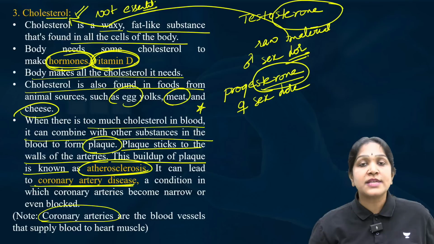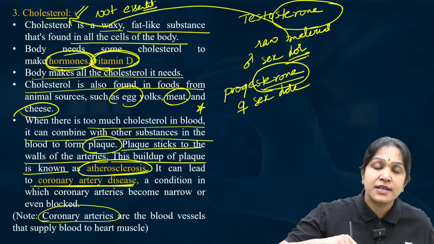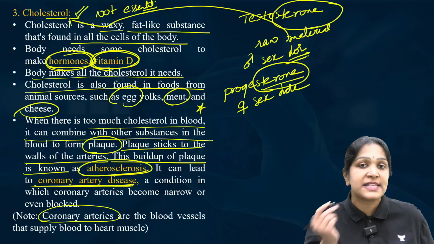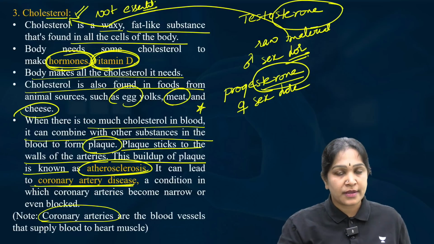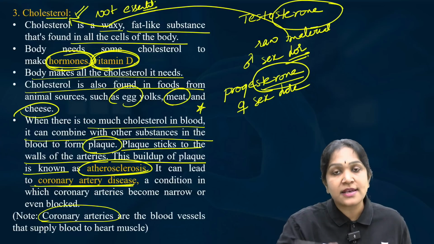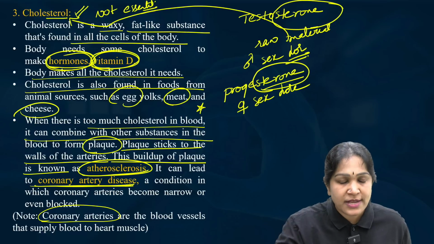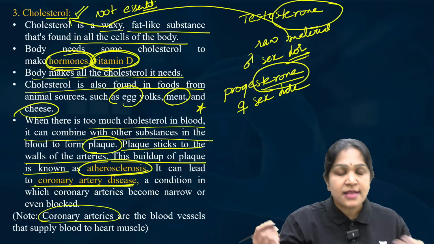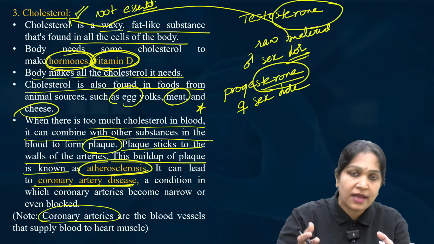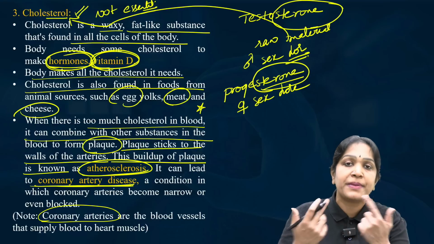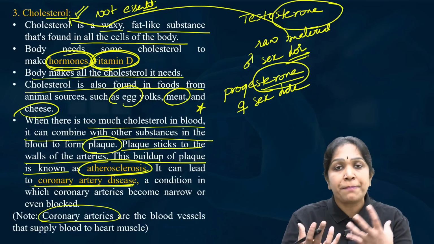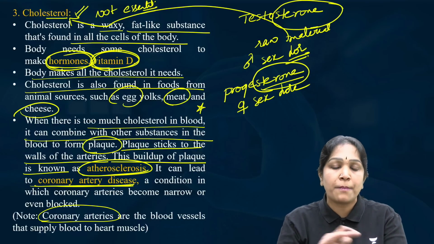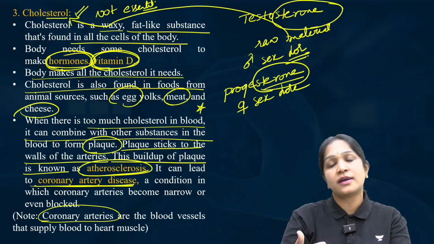So, atherosclerosis in the coronary arteries will block the blood supply to the heart. Atherosclerosis, that is a fatty plaque deposition in the coronary arteries, I mean the arteries that supply the blood to the heart. If there is a plaque in that, it will lead to a blockage of blood supply to the heart.